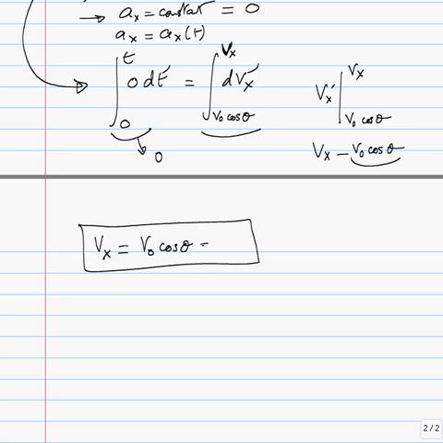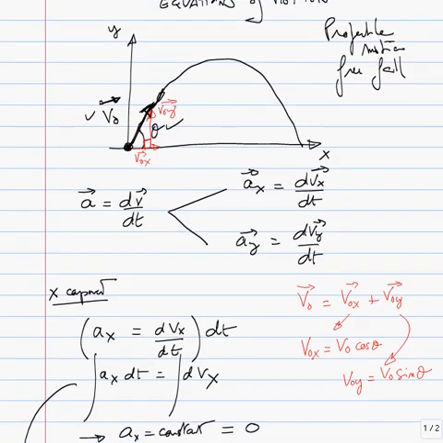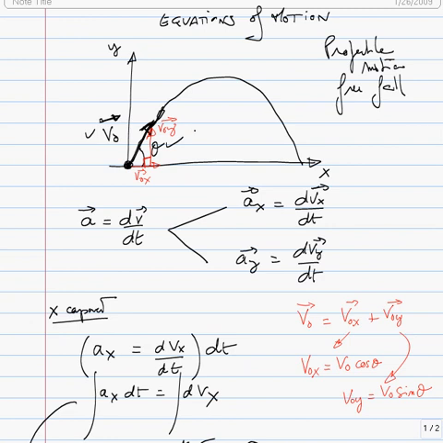So this is the functional form of my velocity in the x direction in terms of the time, which is my variable. By looking at the functional form of this result, I can see clearly that the x component of my velocity is v naught times cosine theta, which are two parameters given to us initially.